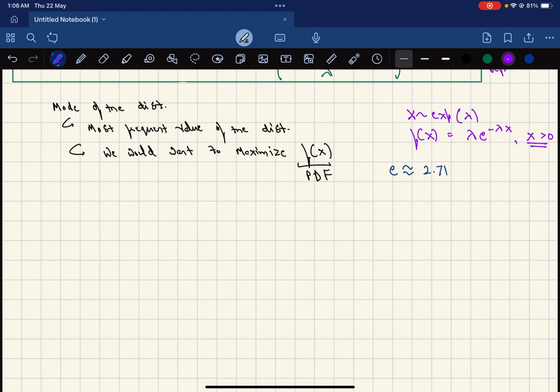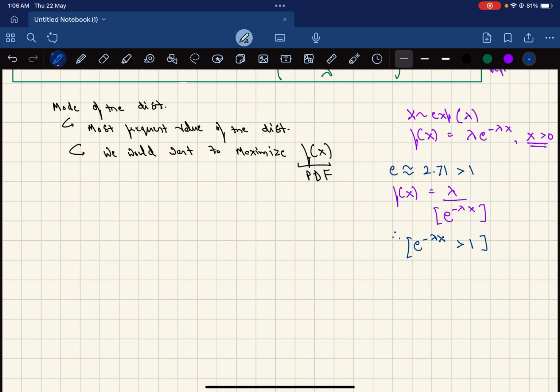Now f(x) could be written as lambda divided by e to the power lambda x. Since e is greater than 1, therefore e to the power lambda x would always be greater than 1 as well, irrespective of the value of lambda and x, given that x is greater than 0.